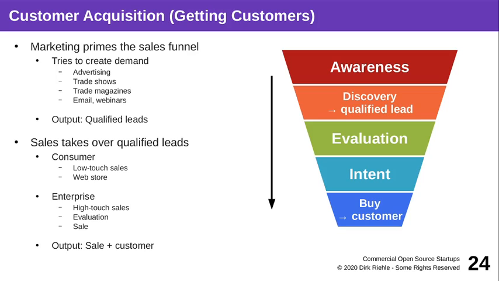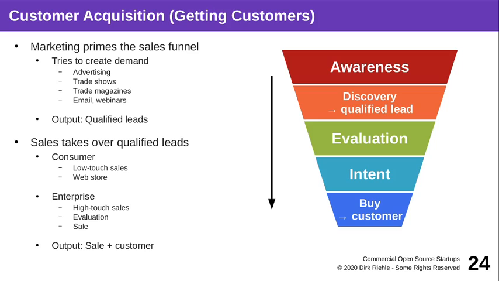After which, the marketing folks will typically hand over their list of qualified leads to the sales organization, which will possibly call up the qualified lead, and work on them, trying to get them to take a closer look at the actual product. In the discovery stage, the potential customer just looked at the product and thought, maybe that's good for us.